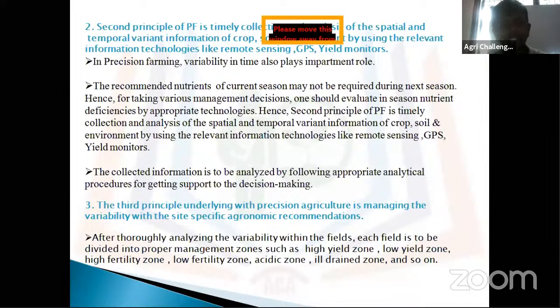Your GIS technology, algorithm technology, sensor technology, then neural network technology, machine learning, artificial intelligence, the internet of things, cloud computing. These are all the technologies available to analyze the collected data.